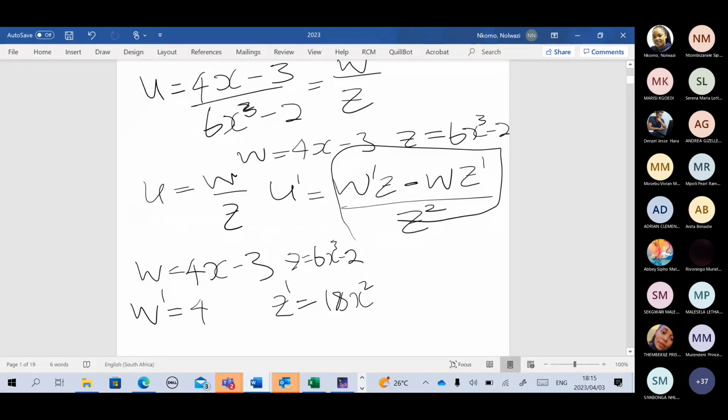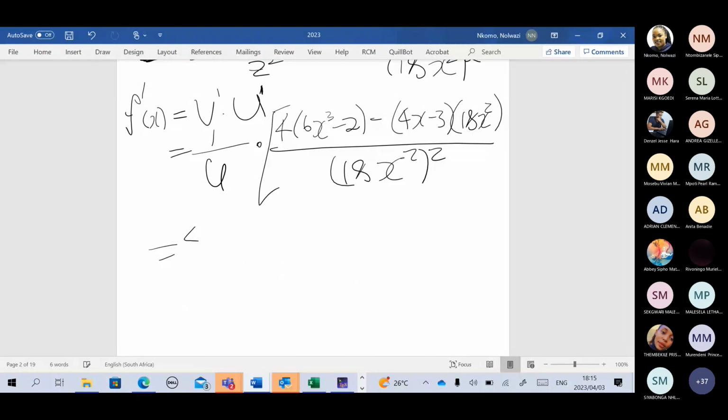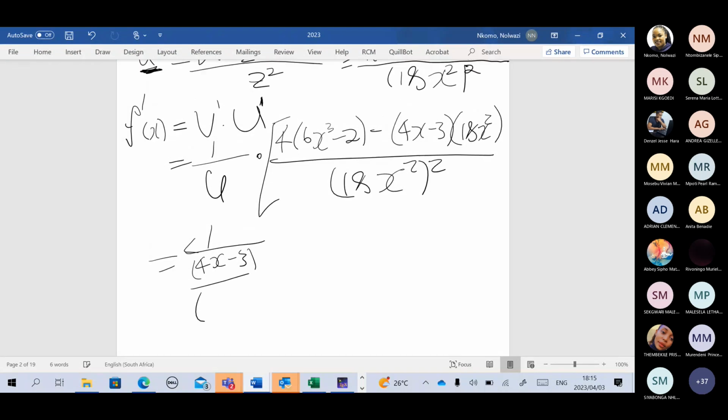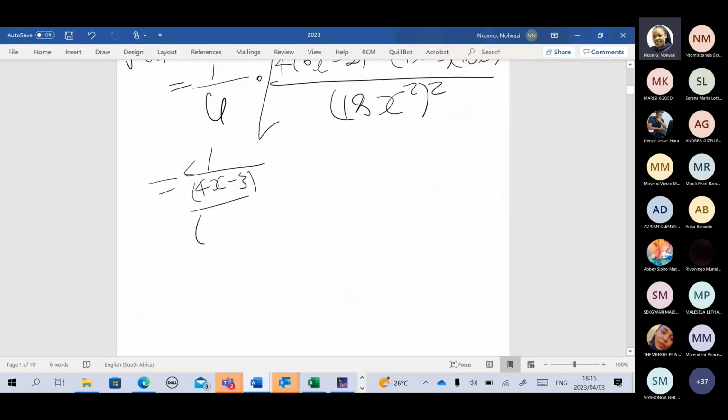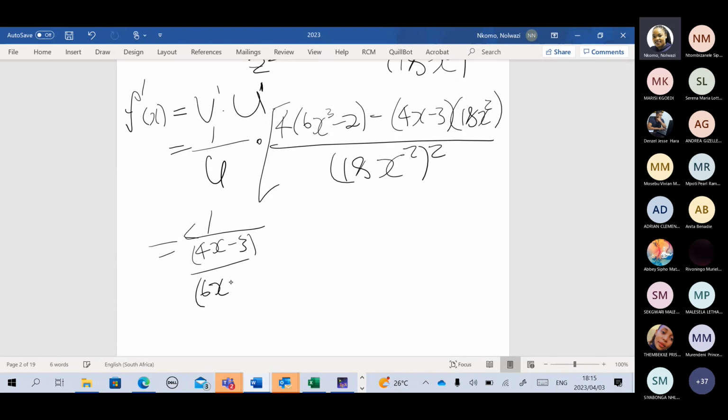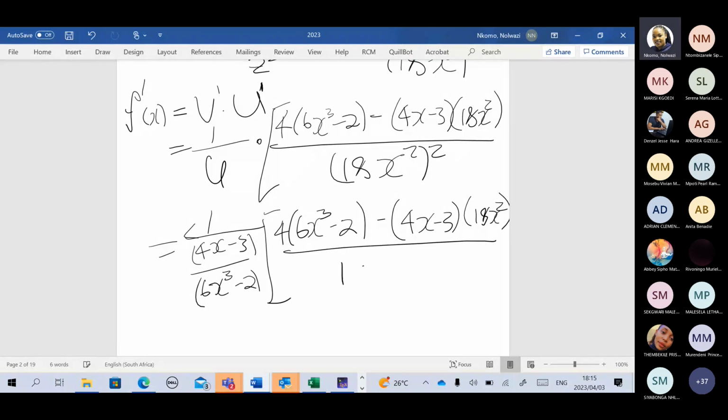So we have 1 over 4x minus 3 over 6x cubed minus 2 over 6x cubed minus 2, right, times 4 into 6x cubed minus 2 minus 4x minus 3 times 18x squared over 18x squared, everything squared, right?